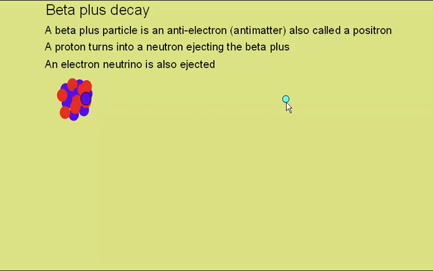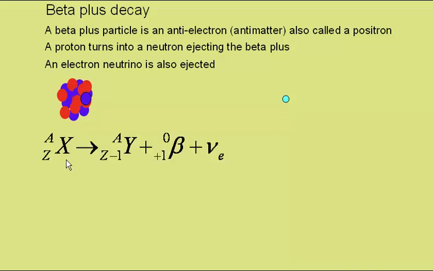This has the same mass as an electron, but the opposite charge, a charge of plus 1.6 times 10 to the minus 19 coulombs. In symbols for the unknown element X, it has proton number Z, and as one of the protons has now become a neutron, the proton number drops by 1 in the daughter Y. Proton or neutron, it's still a nucleon, so the nucleon number remains the same.